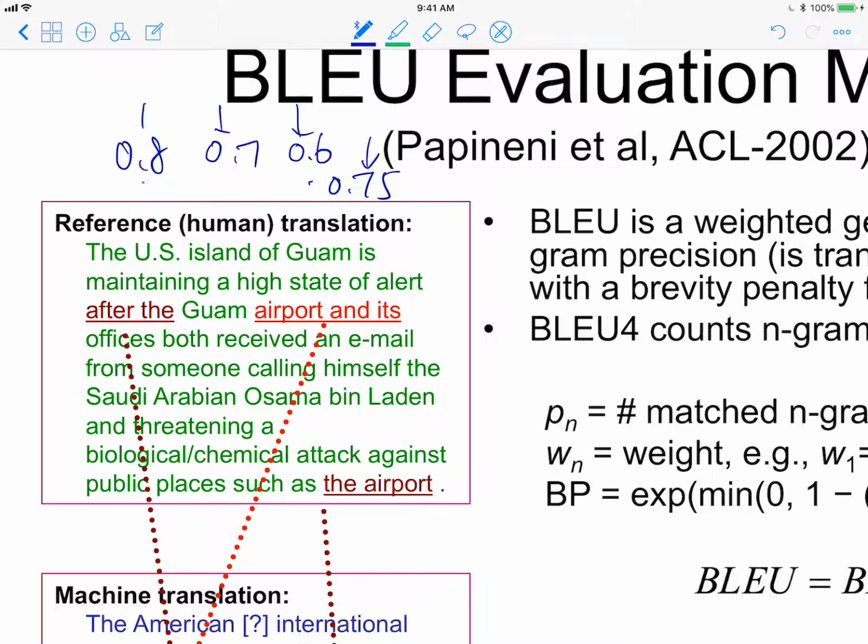And then we can take the average of these 4 numbers, but we do the geometric mean when doing the average. That is one important aspect of this BLEU score, which penalizes the lowest value a little bit more, because the geometric mean of these 4 numbers will be biased towards the lowest value, right?